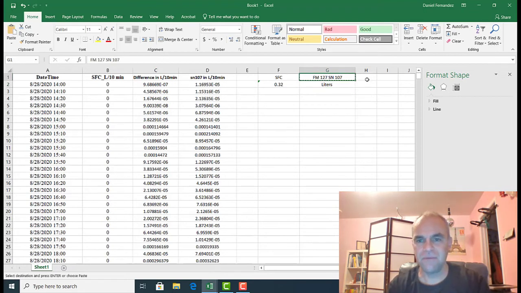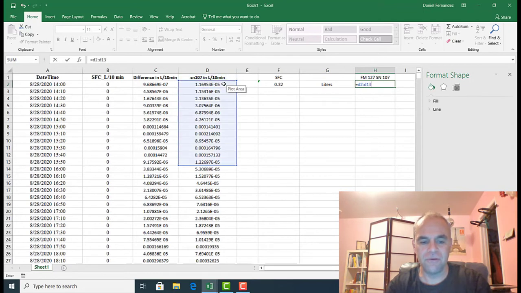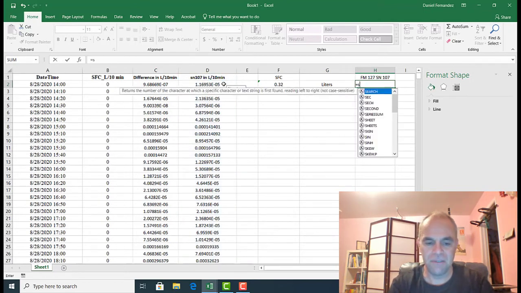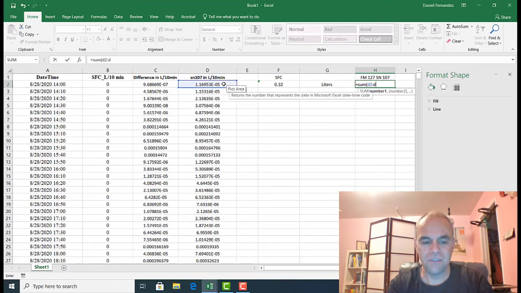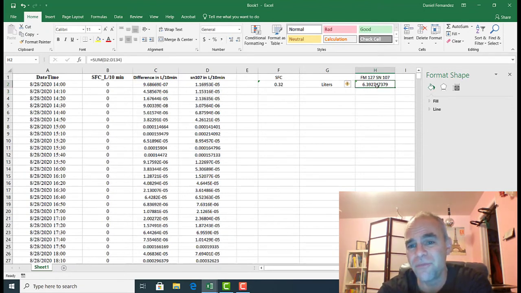I'm interested in the sum of D2 to D134. So I have to say sum equals SUM(D2:D134). That's how many liters were available. Over 6 liters were available, and I only got 0.3 liters.